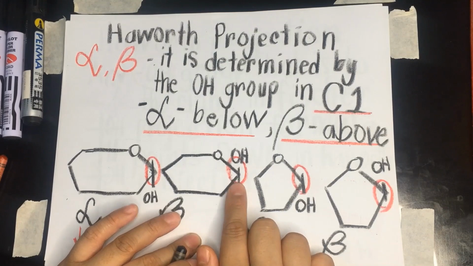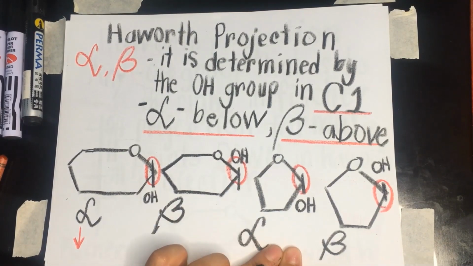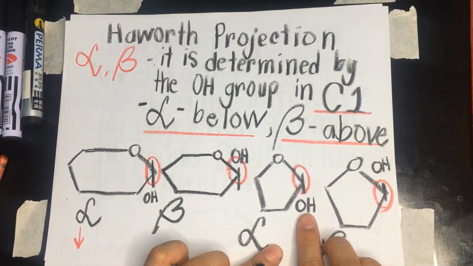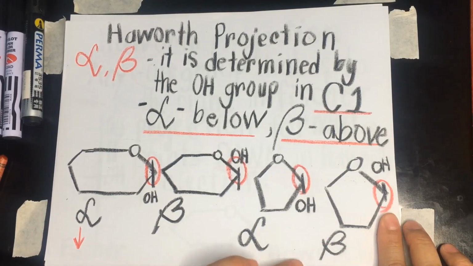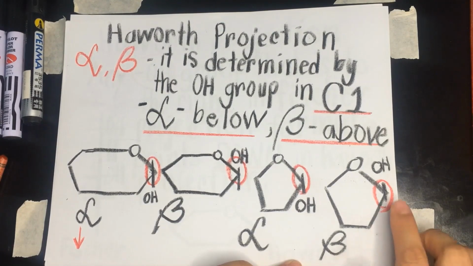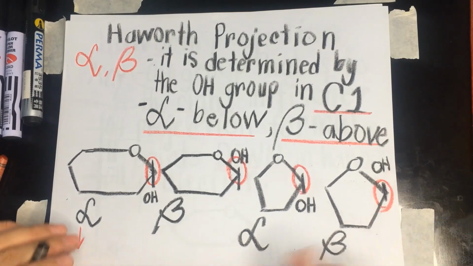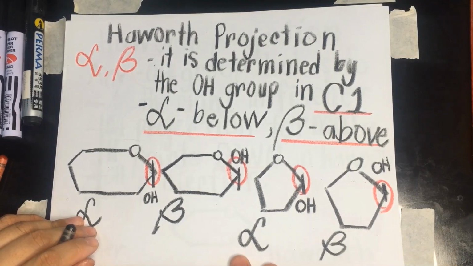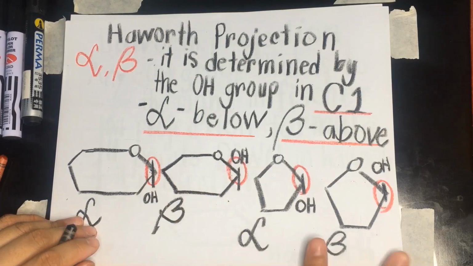This is now beta. Next, in a furanose ring, we are going to place our hydroxyl group below because this one is alpha. Next, in our furanose ring that states it is in beta configuration, we will be putting our hydroxyl group in an upward manner, or above. Our main location will be on the C1 of the rings.